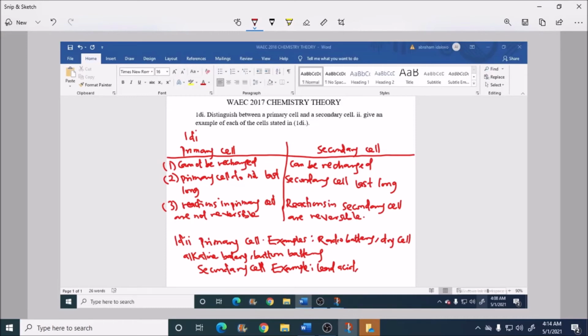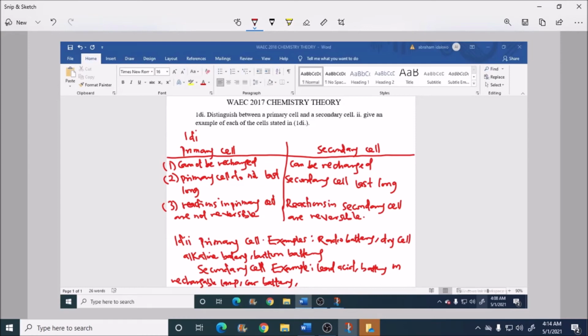Then we have battery in rechargeable lamp, and car battery, which is also one of the examples of secondary cell.